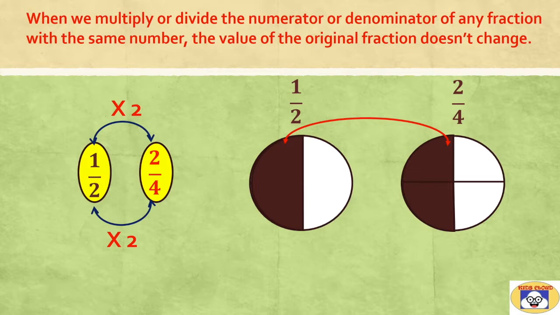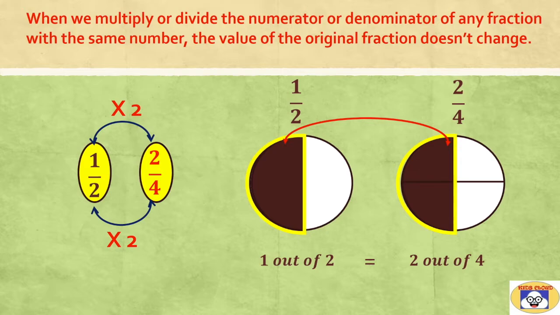Doesn't it look the same? Yes. Though the fractions appear different, the area both represent is the same. As you can see, 1 out of 2 is equivalent to 2 out of 4. Hence, 1/2 and 2 by 4 are equivalent fractions.